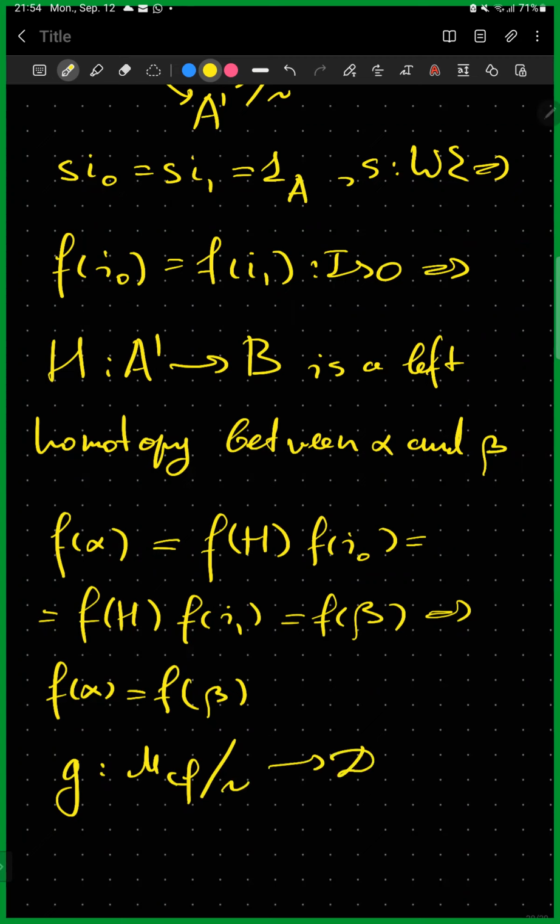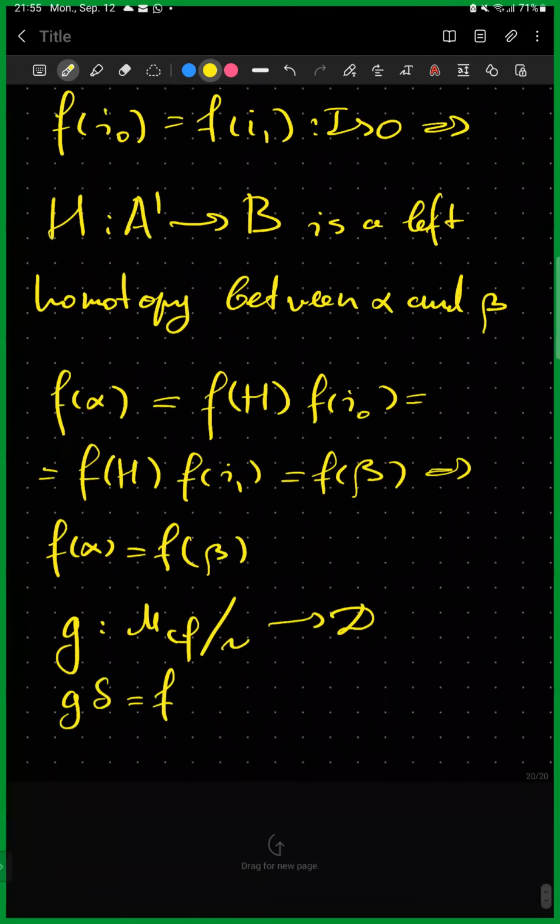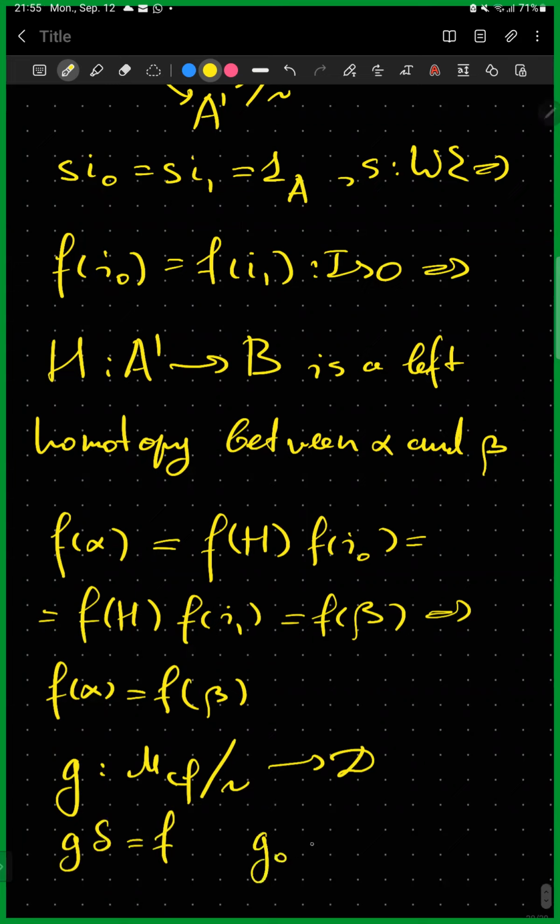So we in fact have a functor G such that G delta is equal to F.